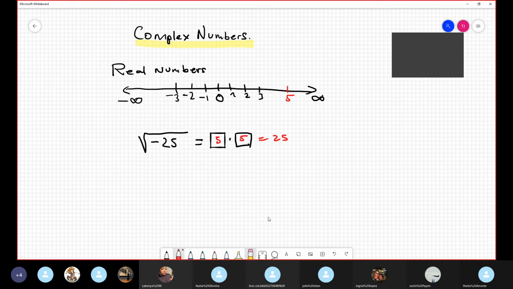Well, then I select negative 5, but negative 5 times negative 5, negative times negative is positive 25. So never, you don't get the answer of the square root of negative 25 on the whole real number line.